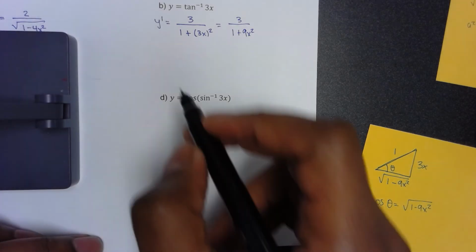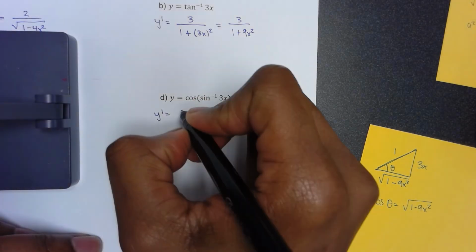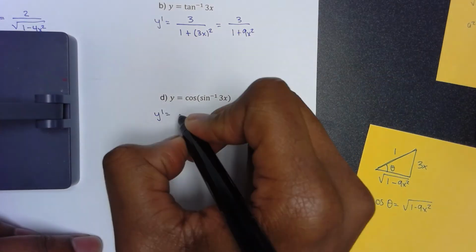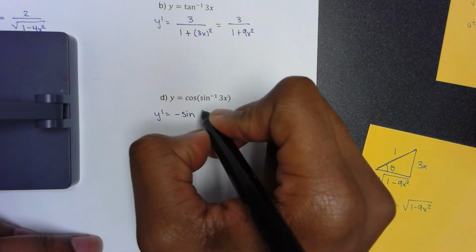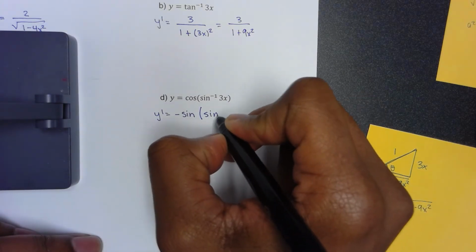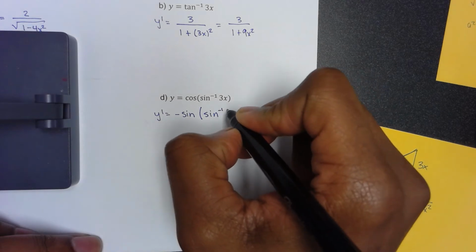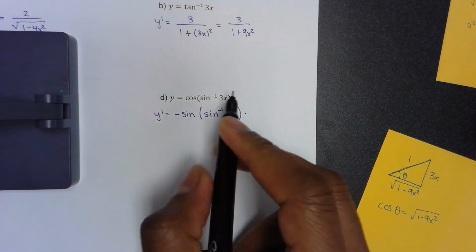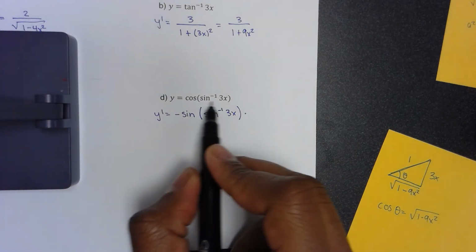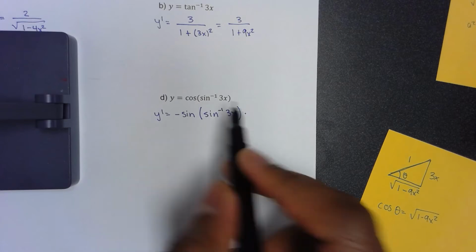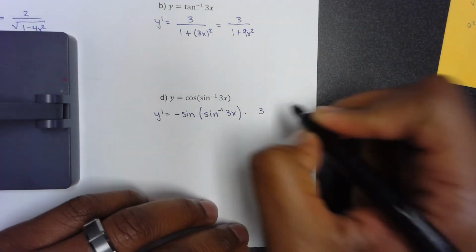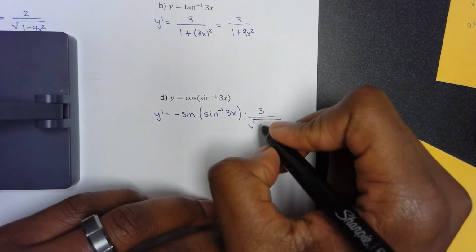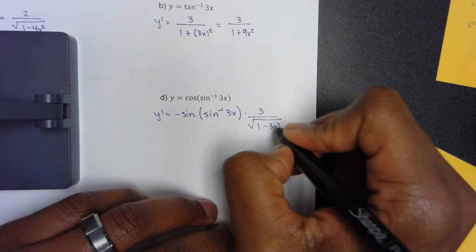So when we take this derivative, the derivative of cosine is negative sine, and you never change the input. So negative sine of sine inverse 3x, times the derivative of the angle, which is going to be 3 over the square root of 1 minus 3x squared.